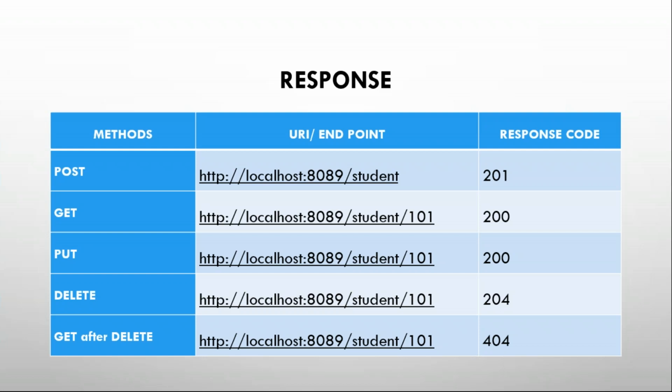That query is executed on the database, and immediately the database sends a response to the application server, and that is 200. At the same time, the application server sends a response to the client side or presentation layer, and it shows me user successfully updated.